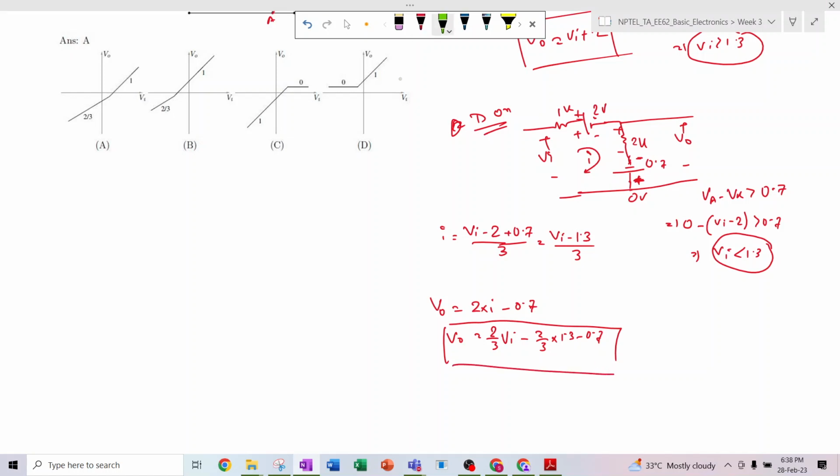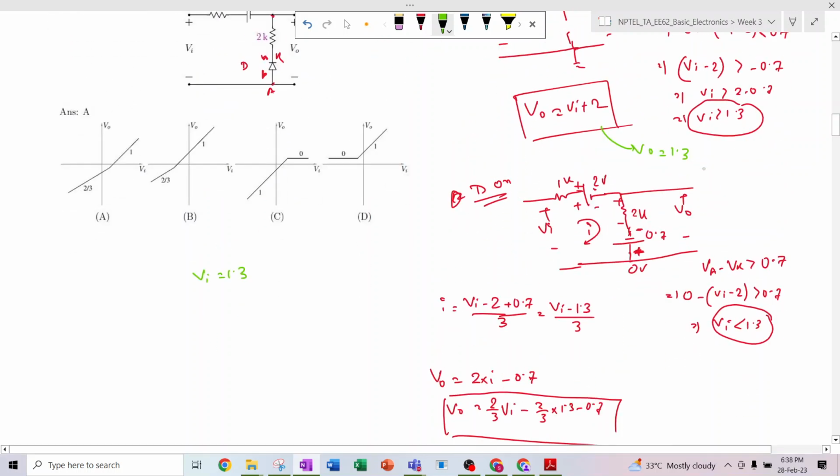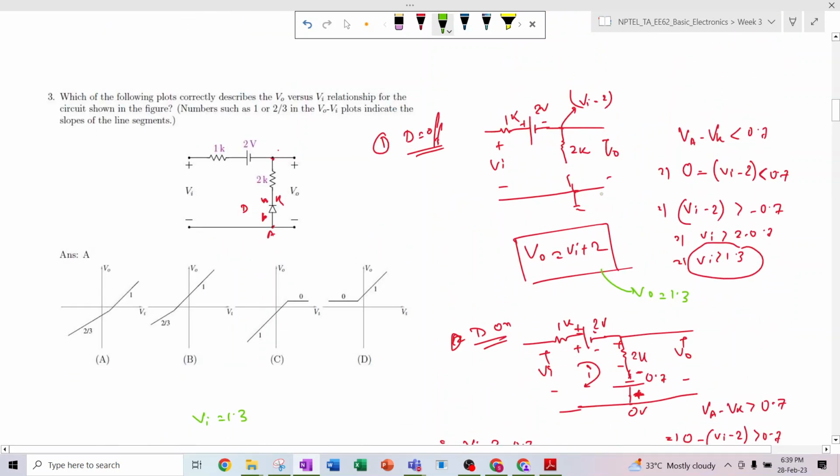So what will happen when Vi is exactly equal to 1.3? Sorry, I think I have made a mistake here.